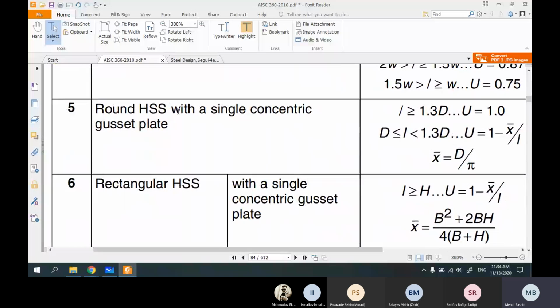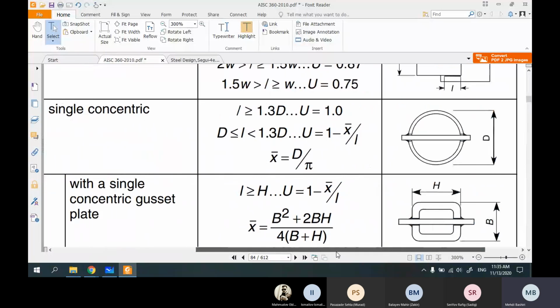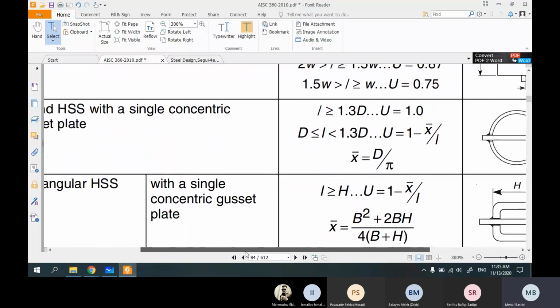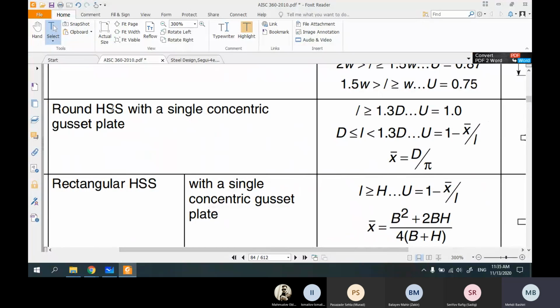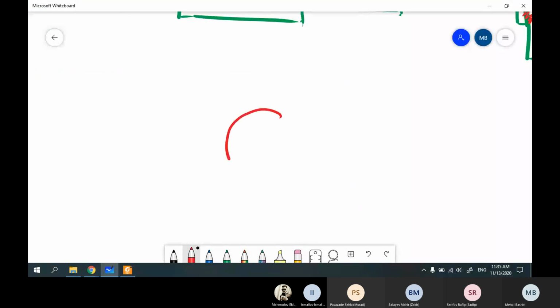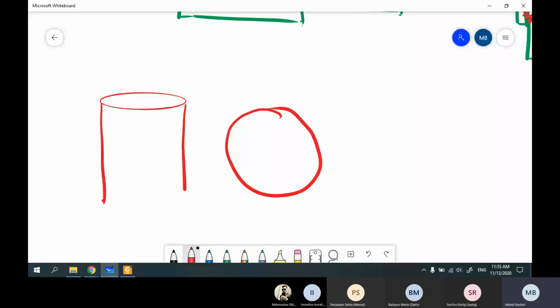Round HSS, single concentric gusset plate. This is another common type of connection. For hollow sections, especially circular or round HSS hollow sections, it's not easy to connect. For example, this is a hollow section. If I want to show it in 3D, this is a hollow section.